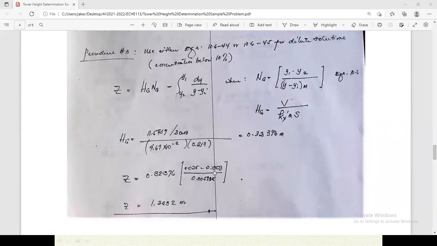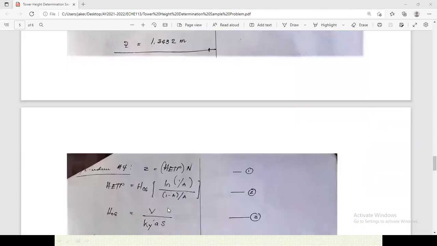And this is your answer. So 1.363. So comparable to that of procedure 1 because we're using HG and G. Should we have used HL and L, there will be corresponding deviation from the 1.361 correct answer. Okay? Now, so this procedure has the same answer more or less as procedure 1.